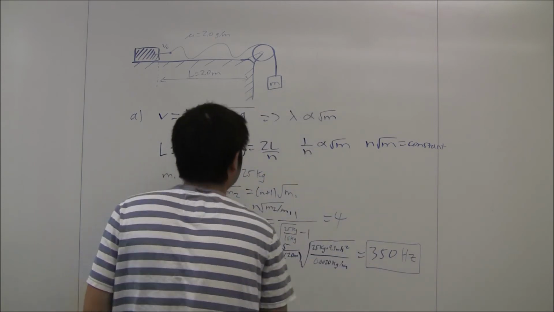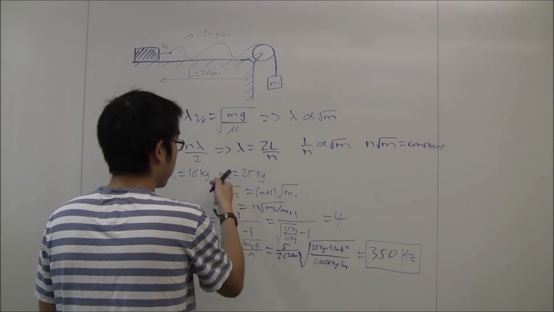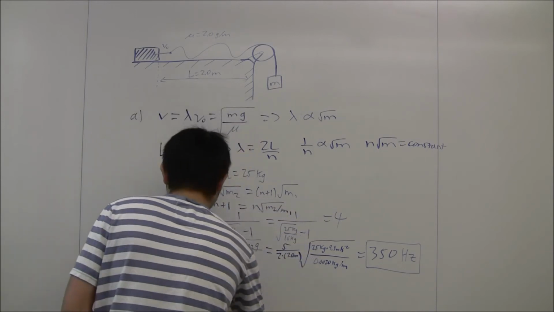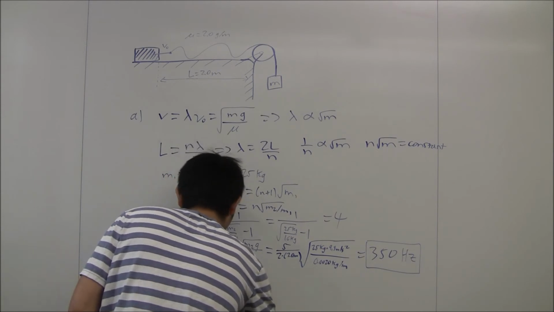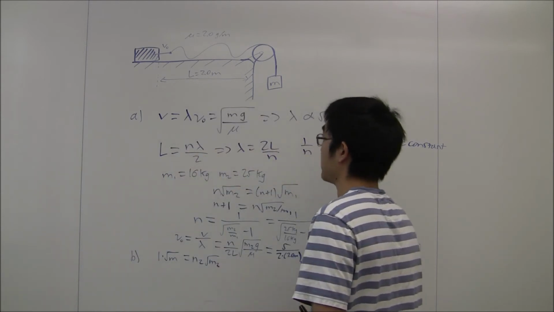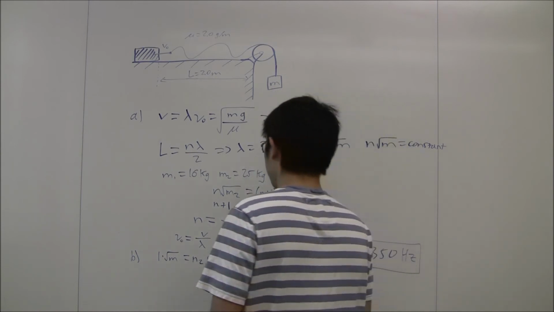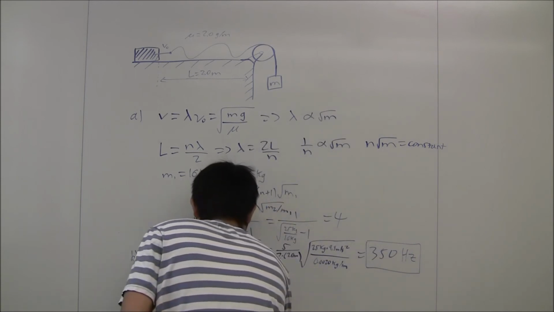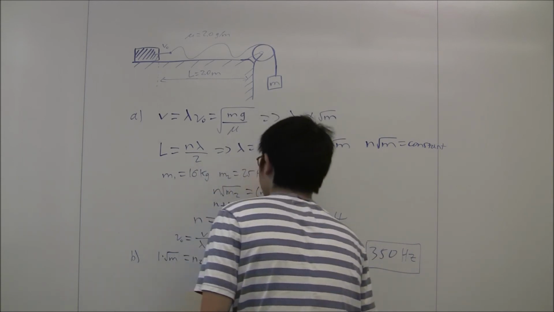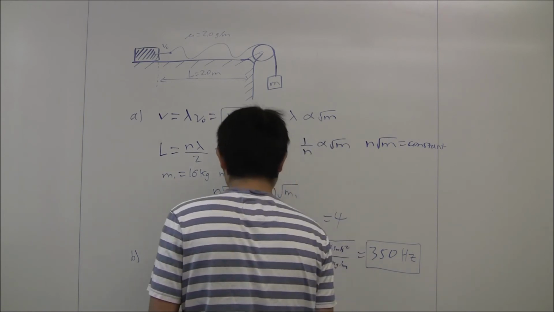So that's still equal to the n associated with m2 times the square root of m2. We're going to call that n2 times the square root of m2, where n2 is the number of half wavelengths that appear when we put m2 on the pulley. So from part A, we have that n2 is 4, and m2 is 25 kilograms.